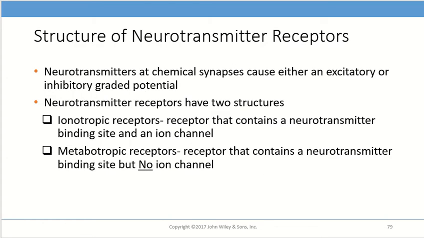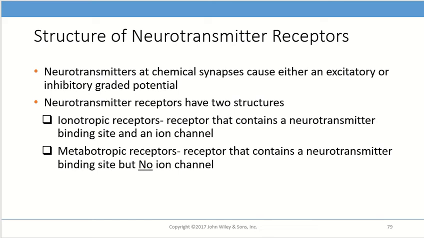So as far as structures of neurotransmitter receptors are concerned, there's a couple different options that these neurotransmitters combine to elicit their response. Neurotransmitters at these chemical synapses are going to cause either an excitatory or inhibitory graded potential.